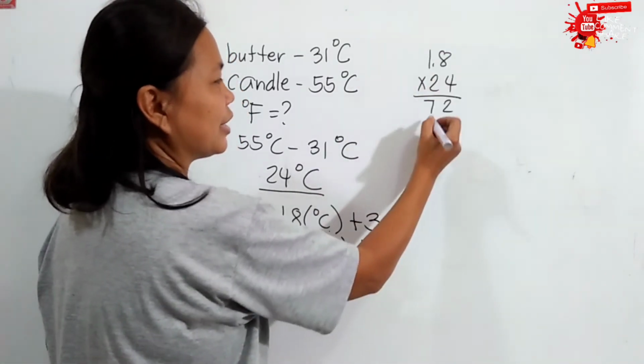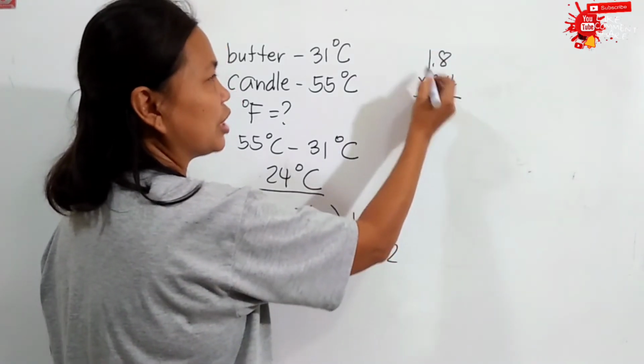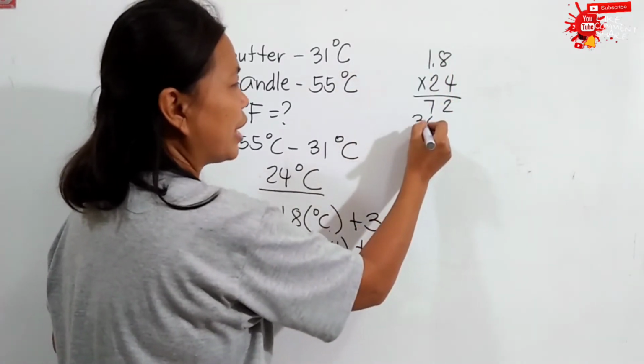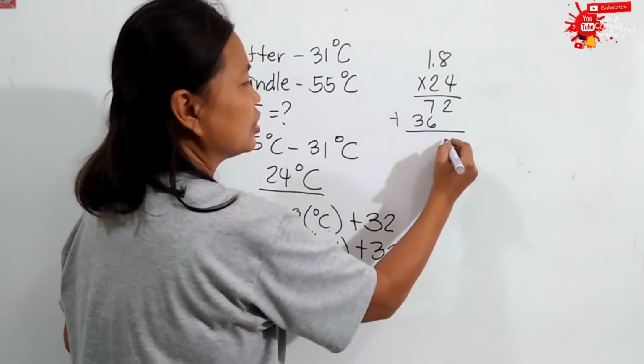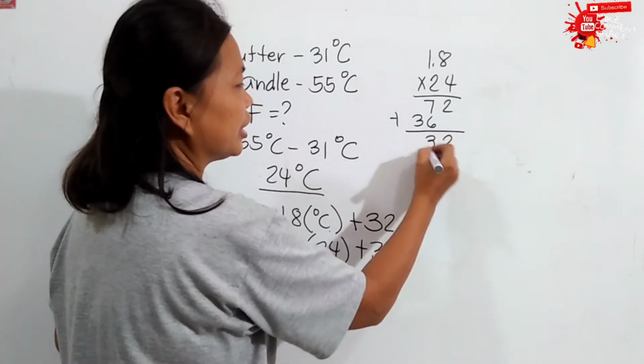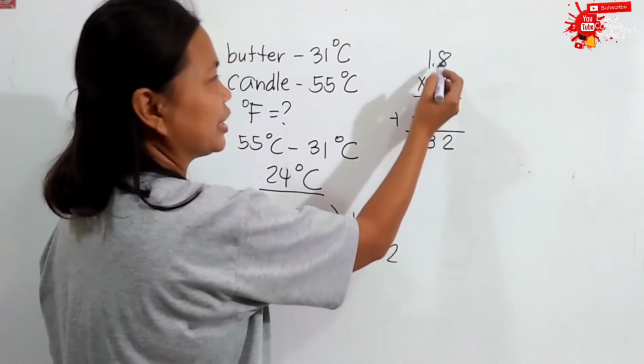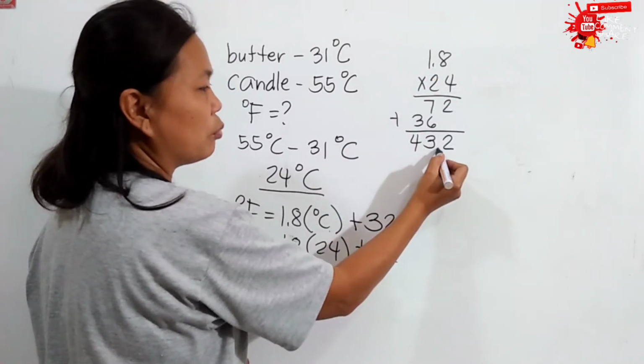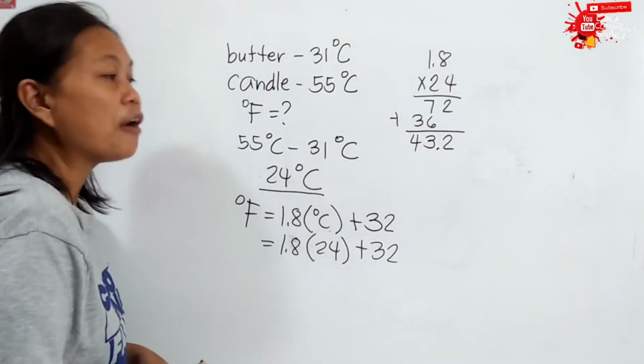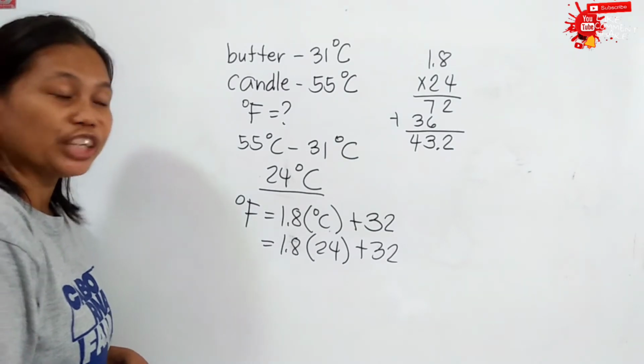Then 2 times 8 is 16, carry 1. 2 times 1 is 2 plus 1, we have 3. Then add. We have 2, 13, then carry 1, so we have 4. Then count the decimal point. We only have 1. So the answer is 43.2.